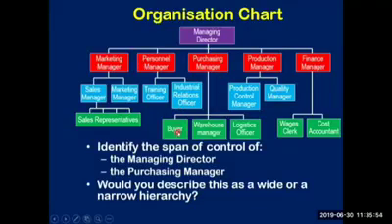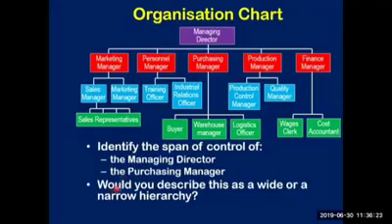Purchasing manager has the buyer, warehouse manager, logistics officer. Production manager has a production control manager and quality manager. Finance manager has wages clerk, cost accountant, and one is left, that is sales manager has control over sales representative. So this is the hierarchy or the organization chart of an organization.